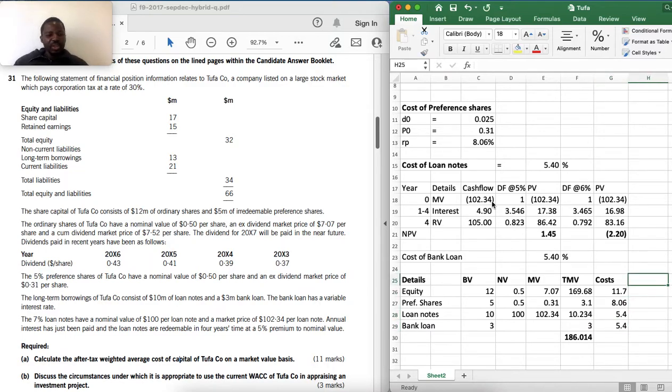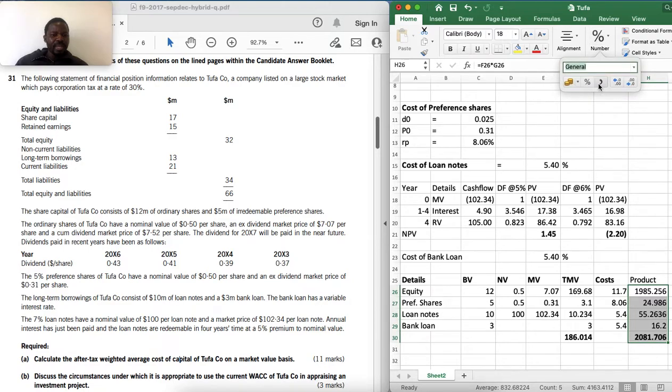Now here we'll have the product. Here the product will be total market value multiplied by the cost. Then we can copy the formula down. We can also sum here. We can put everything here to 2 decimal places.